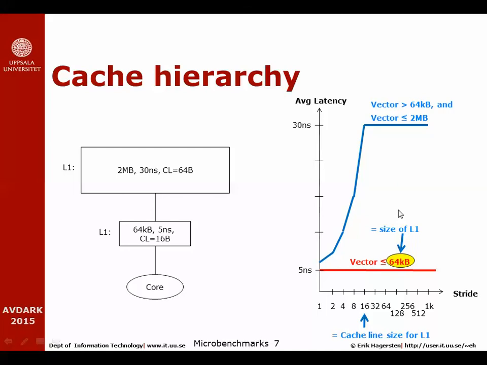And we can say that we know the size of the second level cache, because all vectors up to 2 megabytes have this shape, and here we assume that vectors larger than this have a different shape. So we can say that the size of the second level cache is 2 megabytes. From this curve alone, we cannot draw the conclusion of what the cache line size of this cache is, but that we will deal with in the next picture.